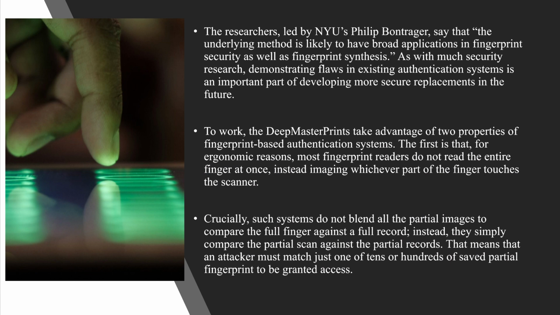The researchers, led by New York University's Philip Bontrager, said that this result will have a broad variety of applications in fingerprint security. Demonstrating flaws in existing authentication systems is as important as security research for developing more secure replacements in the future.